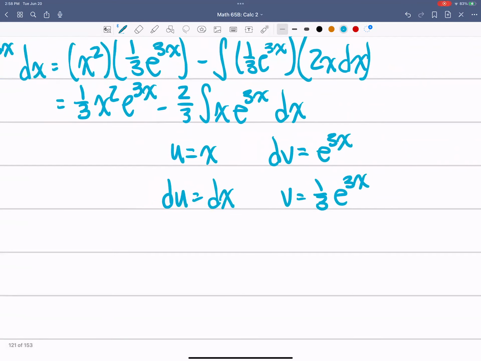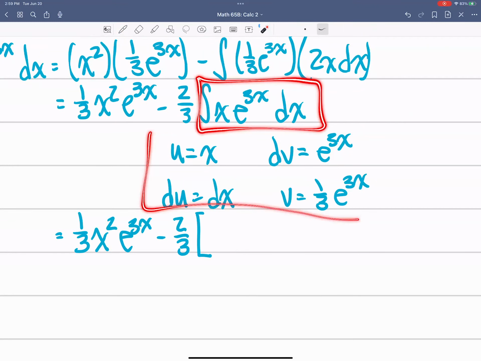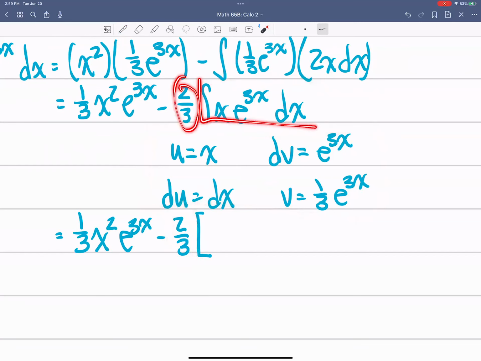Now let's rewrite everything else. We have 1 over 3 x squared e to the 3x minus 2 over 3, and then that integral is the rest of it. Whatever we throw in there, we still have to multiply by that 2/3, because it is being multiplied to this integral over here.